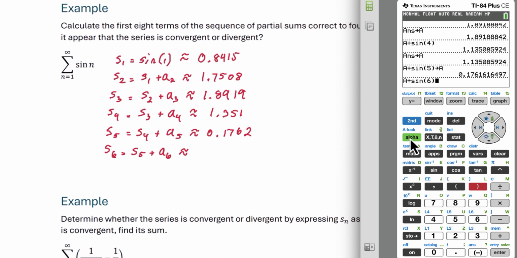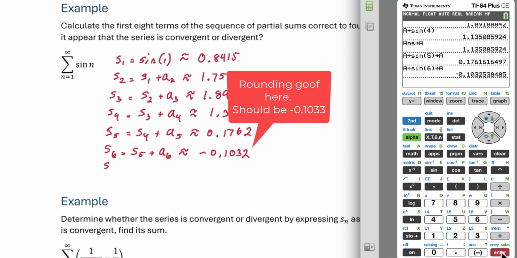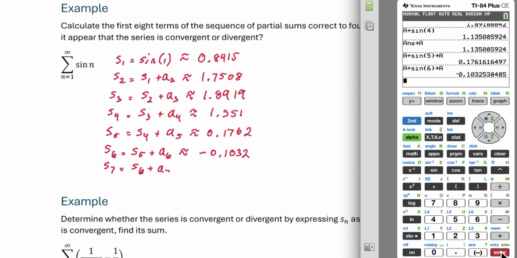And we will put that in alpha A. This time we get negative 0.1032. S7 is S6 plus A7. Alpha A plus sine of 7.